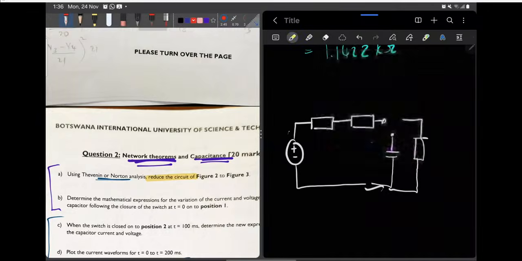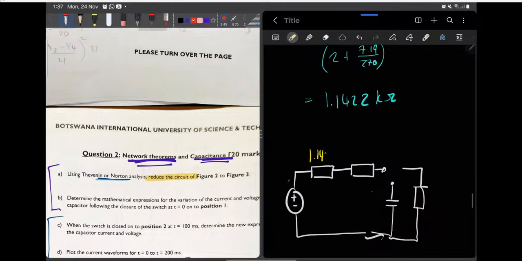So we end up having 1.1422 kilo ohm plus 0.5.